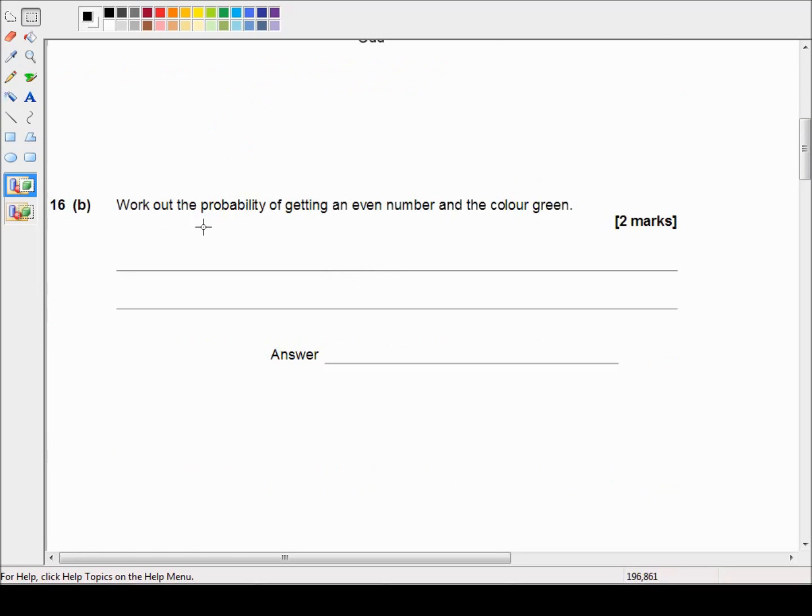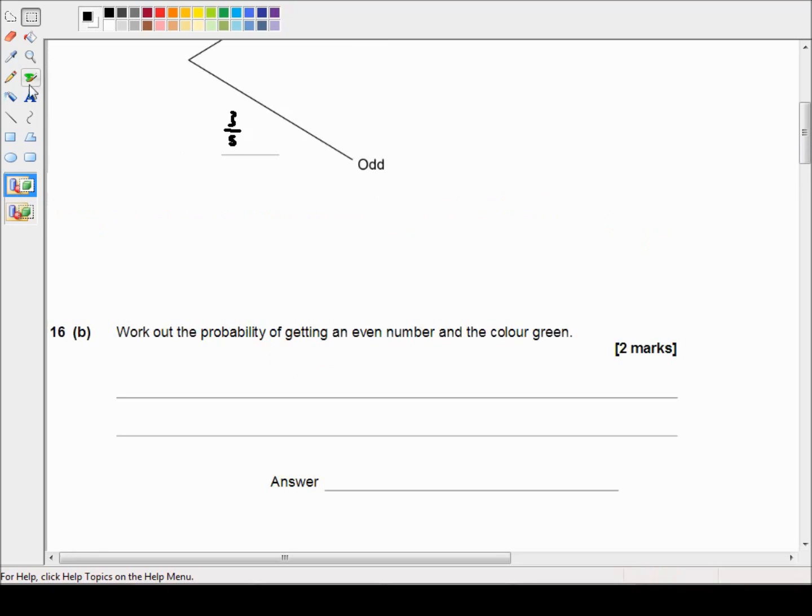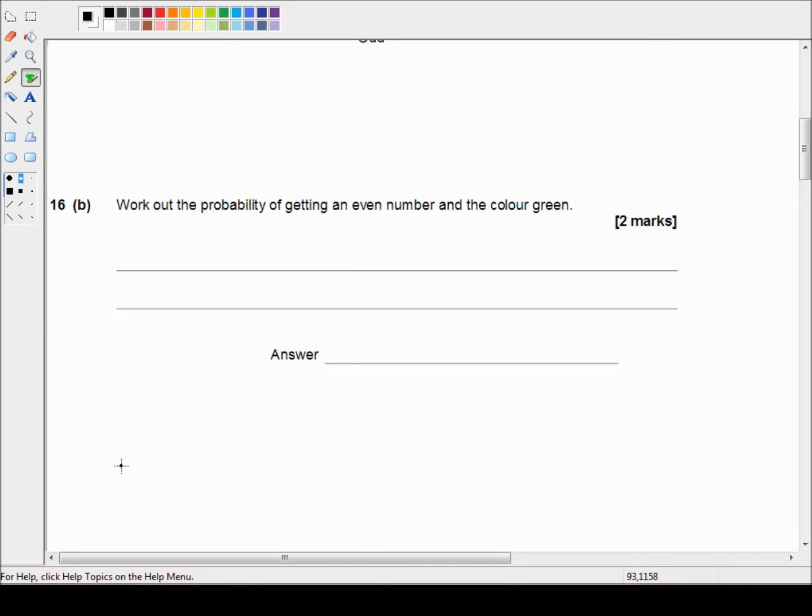So 16b says, work out the probability of getting an even number and the colour green. Okay, so for 2 events, the probability of A and, I'm going to use an ampersand for and, B. There are other ways of writing it.